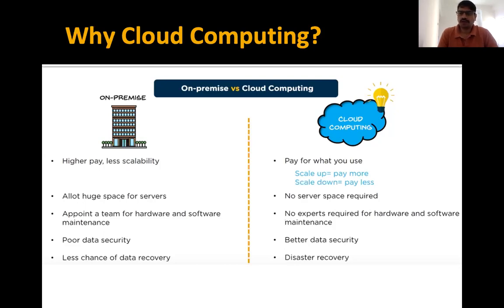But in terms of cloud computing infrastructure, we can recover very well from a disaster, because if you are storing your data in the cloud, it will be there forever.